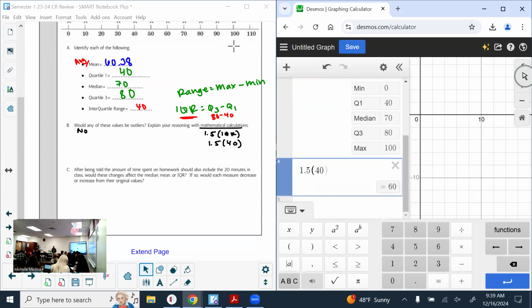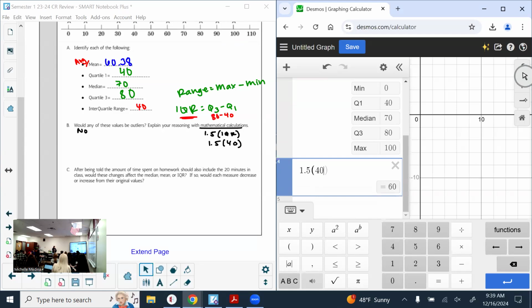So it can't be 60 less than Q1, which would then be negative 20. So anything smaller than negative 20 would be an outlier. And it can't be 60 greater than 80, which is my Q3. 80 plus 60 is 140.